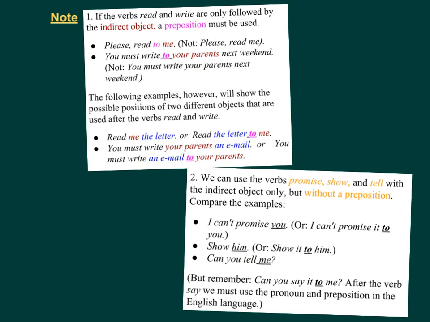Another example is, can you tell me? But remember, we say, can you say it to me? After the verb say, we must use the pronoun and the preposition in the English language.